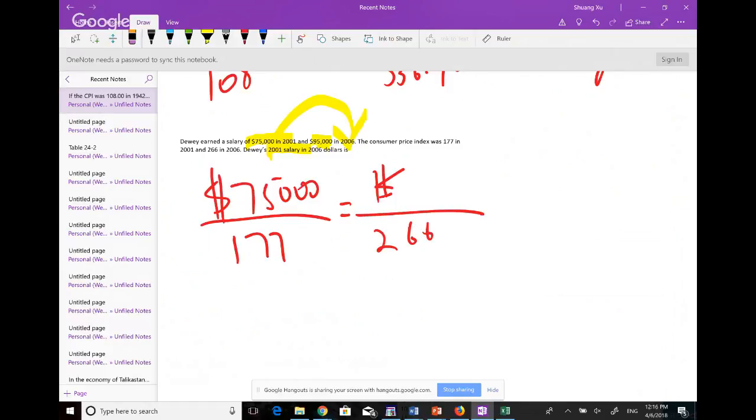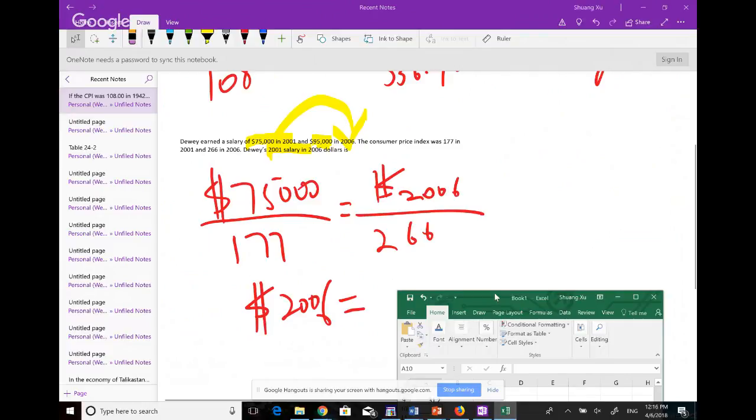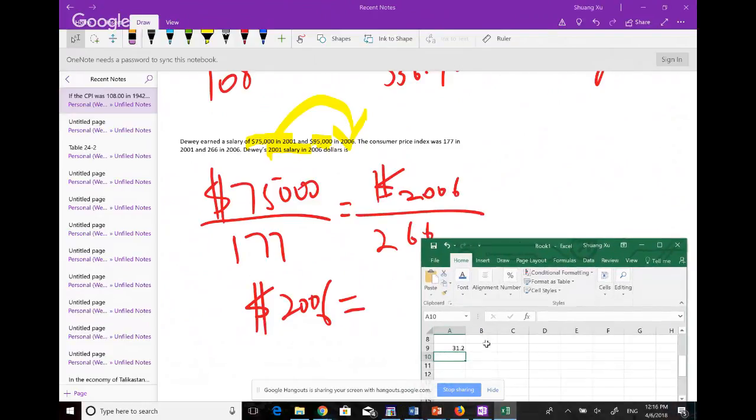Right, this 2006. Okay, so the dollar value of 2006 equals 75,000 divided by 177 times 266.